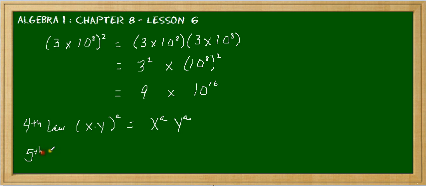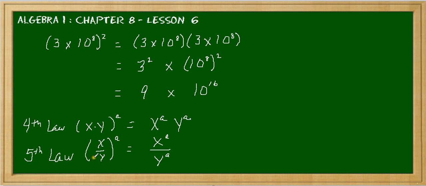Our fifth law. It's not easy using these pen tablets, I'll tell you, but I'm getting better over time. We have x over y raised to the a power, and that's going to be equal to x to the a over y to the a.